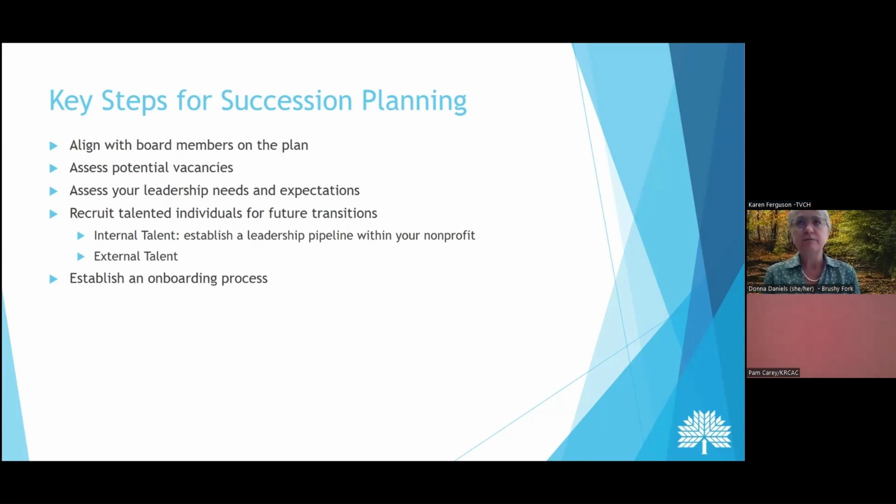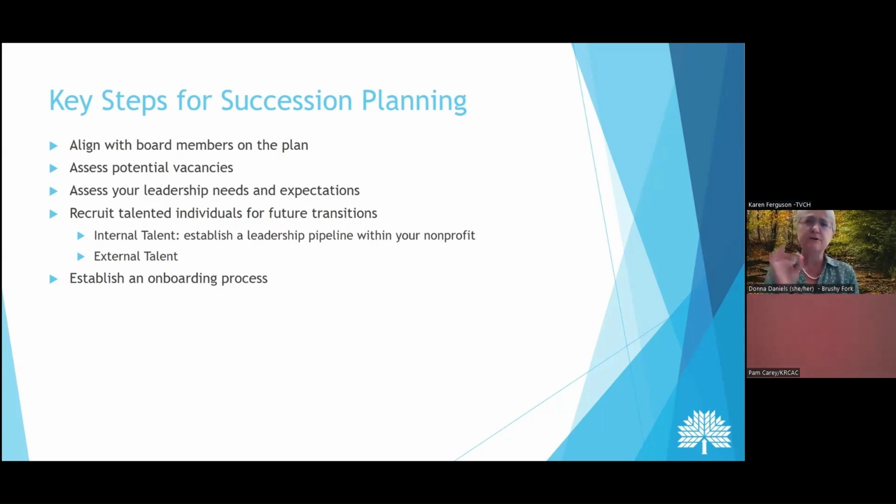And for all of those positions, as part of a succession plan, you should have job descriptions. And the current leaders in those roles should look at those job descriptions and make sure that they're up to date. And then refer, as you're doing succession planning, to any strategic plans that you have, and make sure that you understand what's going to be needed to carry forward the work of a strategic plan.